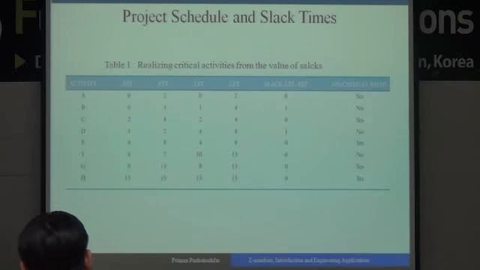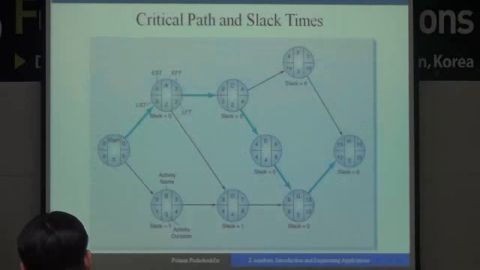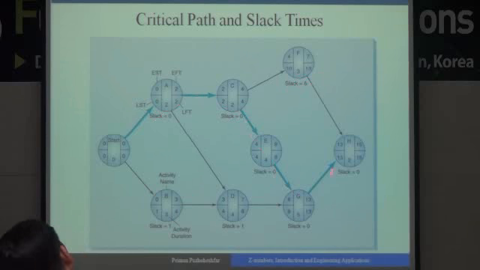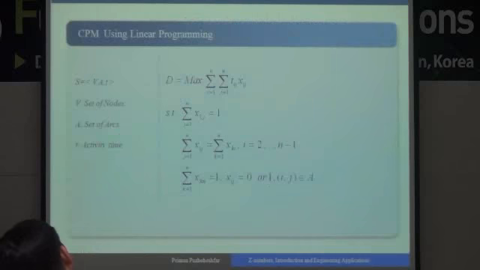In this table you can see that slack here is 0, and it is located in the critical path. Here slack is equal to 0. Here slack is equal to 6, and it's not in the critical path. And this is, finally, the crisp environment.